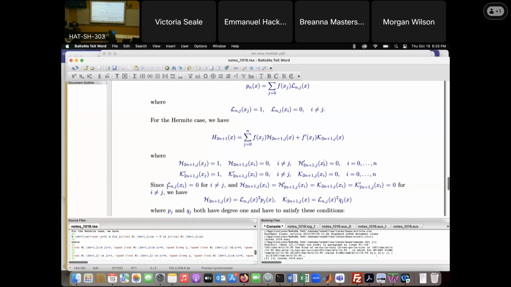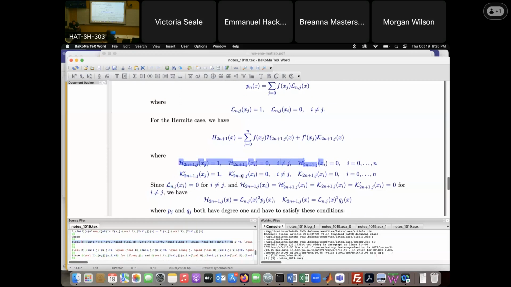So we're going to use the fact that Lagrange polynomial j at xi is equal to 0 whenever i is not equal to j. And if we look at both of these sets of polynomials, if I have polynomial number j and I plug in xi when i is not equal to j, then the polynomial itself and its derivative both equal 0.